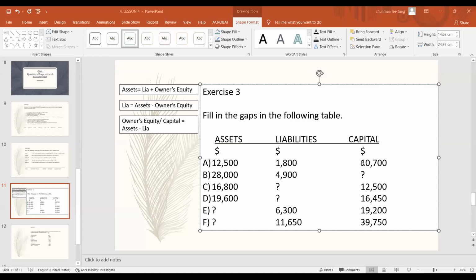Okay, guys, so we're going to come up with our answer for B. We have to find capital, assets minus liabilities, which is 23,100. If you got that, you're correct. For C, you want to find liabilities, and liabilities is equal to assets minus owner's equity. So your answer would be $4,300.